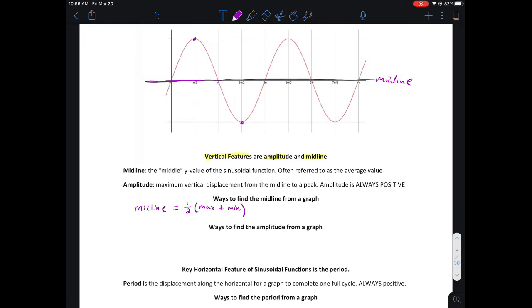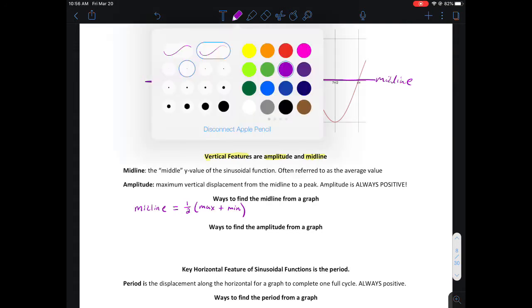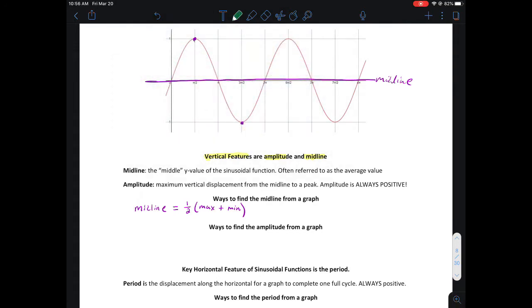Now, amplitude is the maximum displacement of the sine or the cosine wave from its middle value. So amplitude would be how far in any one direction you go to get to a peak. So midline to max or midline to minimum is going to be my amplitude.